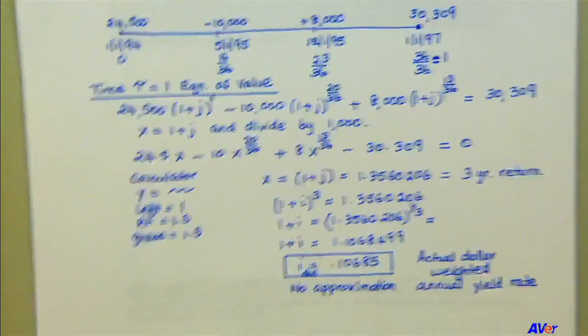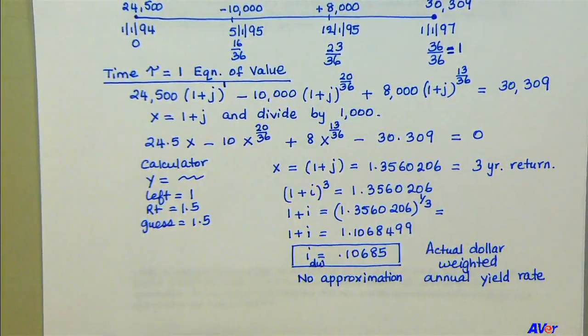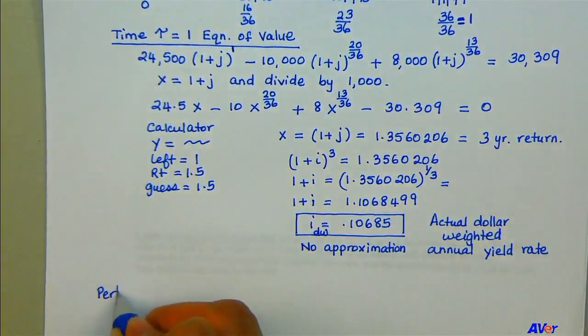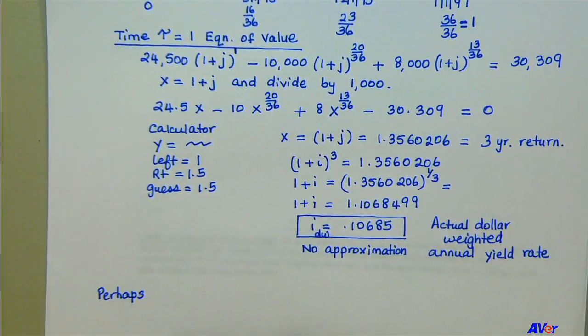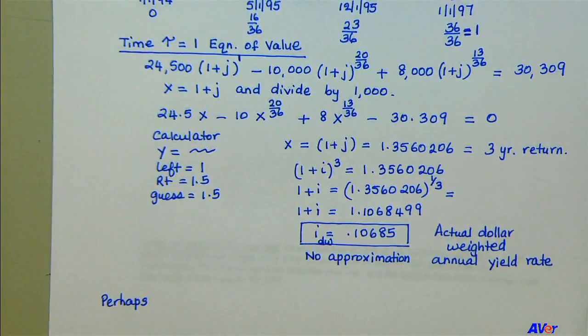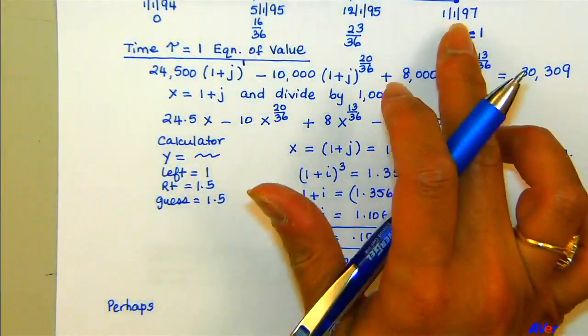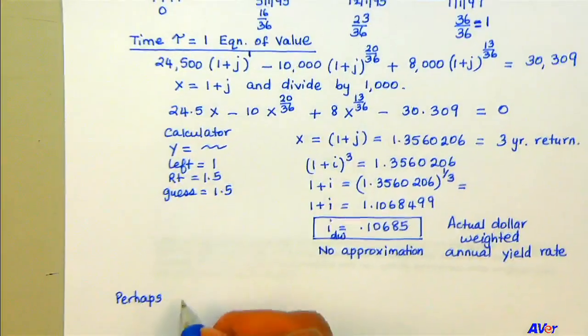So look what I'm trying to say. You know how we said let j dollar weighted be I over A plus sigma Ct(1 minus t)? If you don't want to use that canned approach, you can just look at this and do the dollar weighted approximation right from here. Let me show you how.